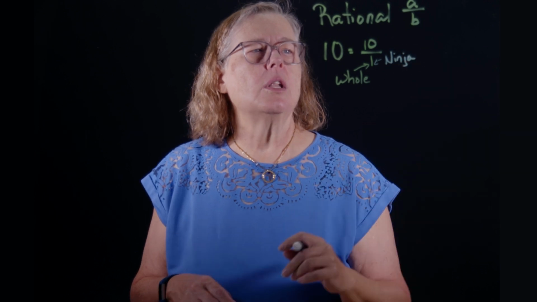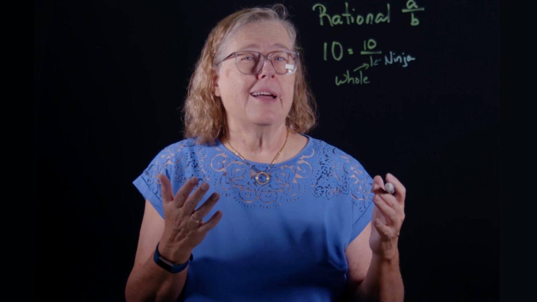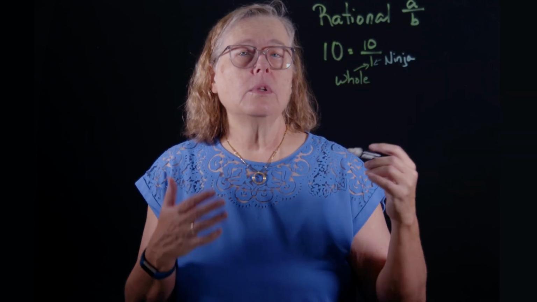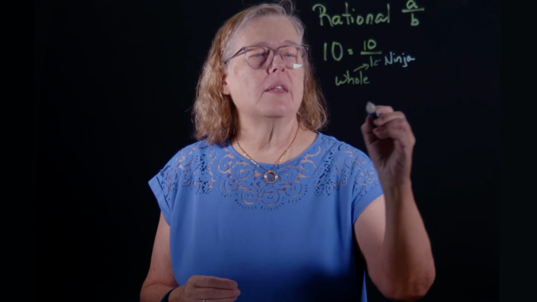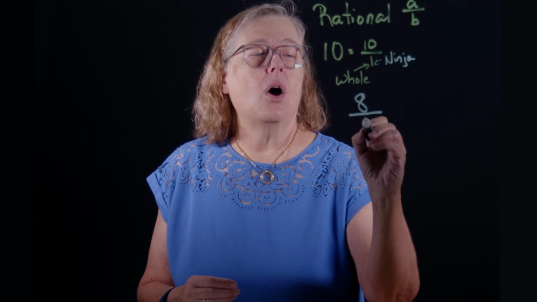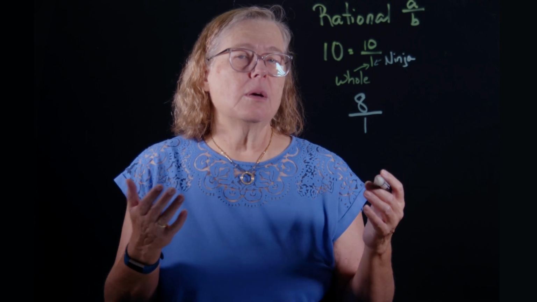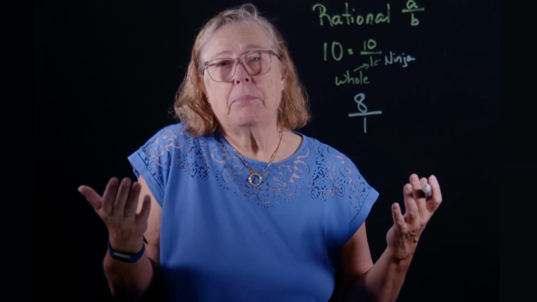This is the ninja 1. So that means under every whole number, whether you see it or not, there's a 1 hiding underneath it. So every whole number is a rational number because when I say the number 8, I'm not really talking about 8. I'm talking about 8 wholes, 8 over 1. So every time you see a whole number, I can make it a fraction by putting it over 1.